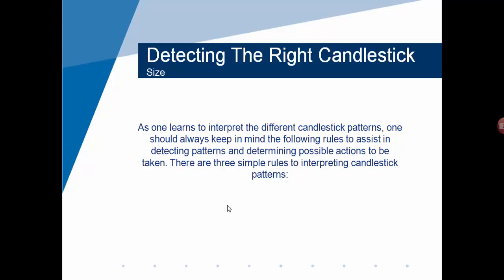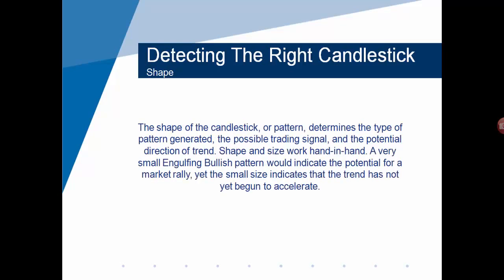One, as we just mentioned, is the size of the candles. Second, the shape of the candlestick or pattern determines the type of pattern generated, the possible trading signal, and the potential direction of the trend. Shape and size work hand in hand. A very small bullish candlestick pattern would indicate the potential of a market rally.